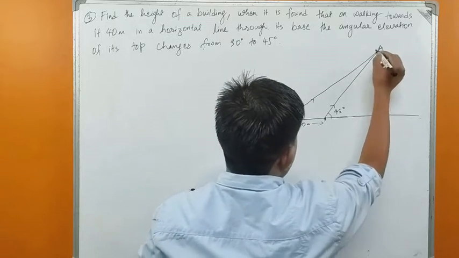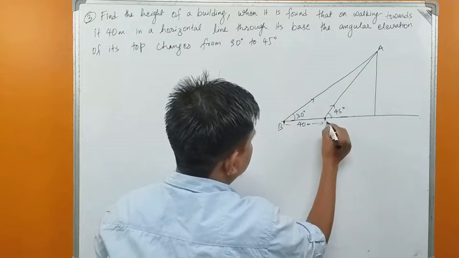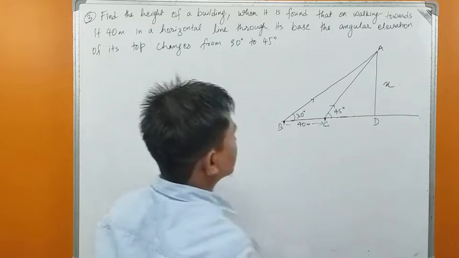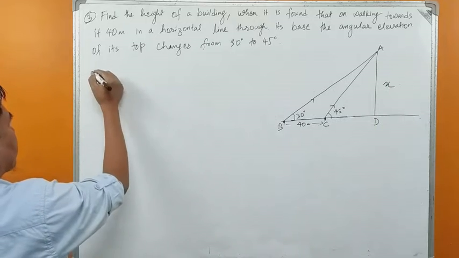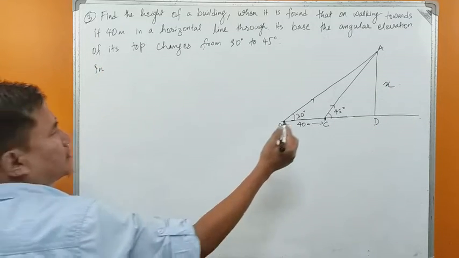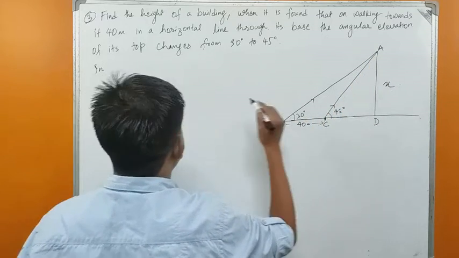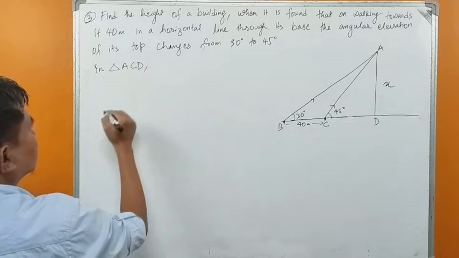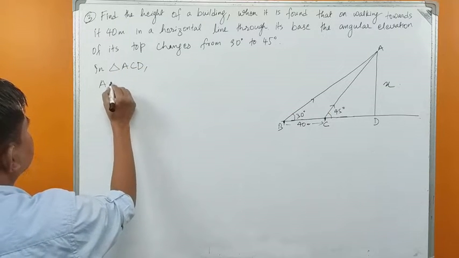So let us say this is A, this is B, this is C, and this is D. AD is the height of the building. Let us suppose X. Let us take a smaller triangle first. In triangle ACD, AD is the height of the building, isn't it?